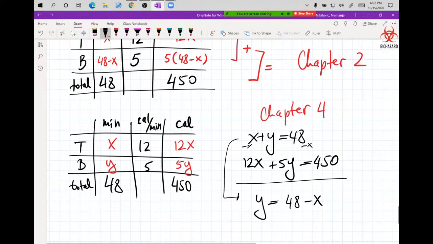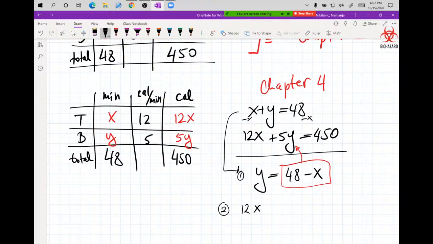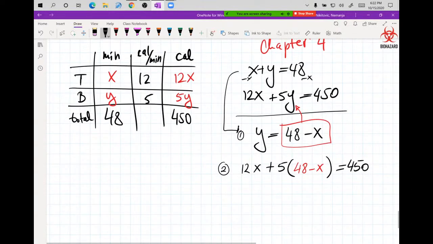Do we remember 48 minus x from somewhere before? Right? These things are all connected, obviously. And now you will plug that in the second equation. The second equation is 12x plus 5 times, here's your 48 minus x, equals 450.